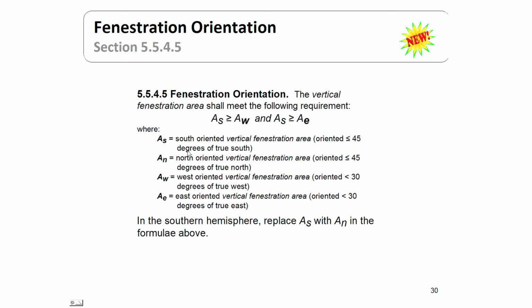What's considered east is anything that actually looks east but plus or minus 45 degrees. And what's looking south has a similar dimension of deviation from due south, due east and due west. So anyway, these are all outlined here in this section. And if you get a hold of the ASHRAE manual, you can look that up at 55.4.5.